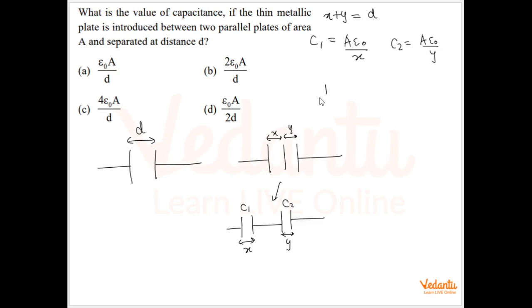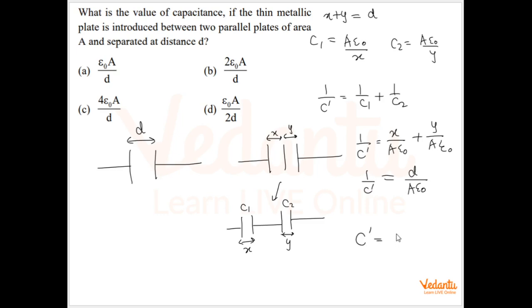Now their equivalent capacitance will be 1 by C1 plus 1 by C2. That gives 1 by C dash is equal to x upon A epsilon naught plus y upon A epsilon naught, which will just become x plus y by A epsilon naught, or d by A epsilon naught. So the new capacitance will still be A epsilon naught by d, which is option A.